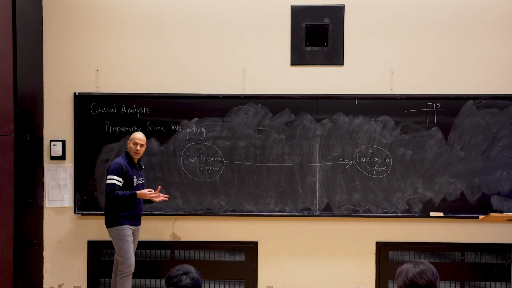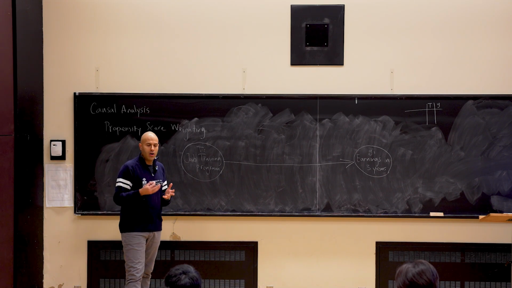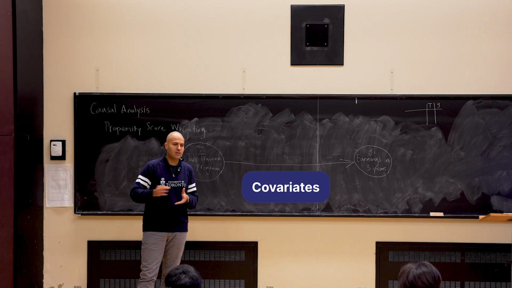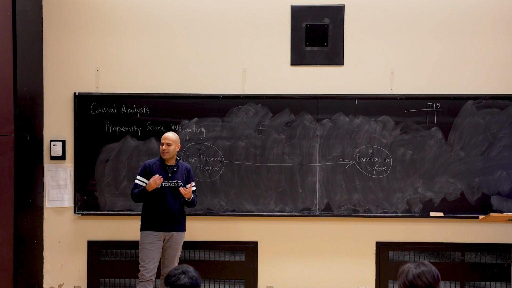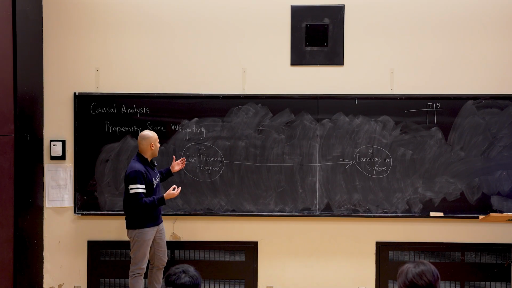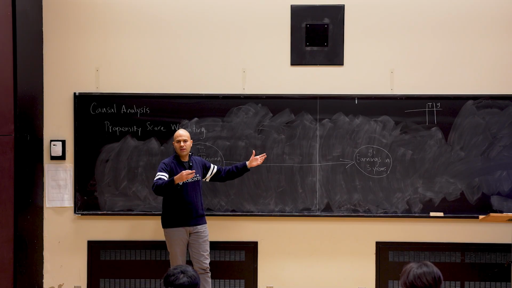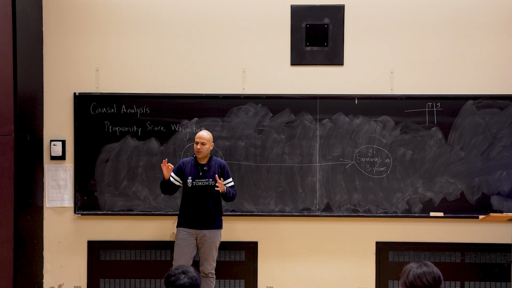So in this method, these potential confounders are called covariates. So don't confuse the term with a covariate matrix. This is just a term. Covariate here means that while we're interested in how changes in t lead to changes in y, there are some other things varying in the background. That's why they are covariates.